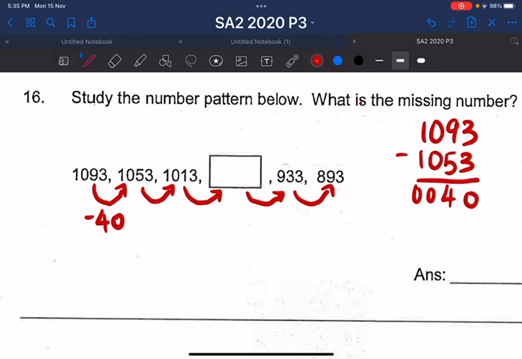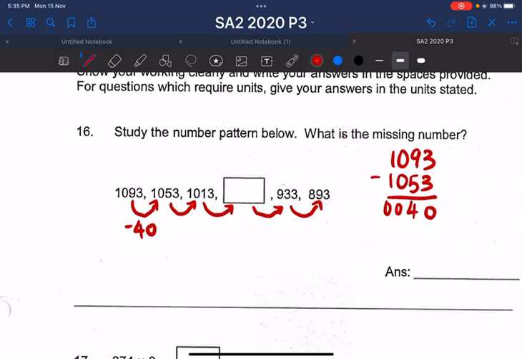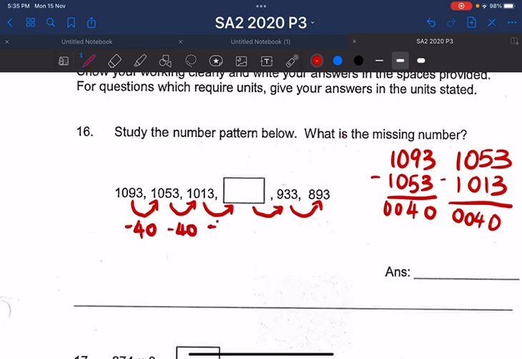So from this number, jumping to this number, we're going to check one more time. We're going to use 1053 and check with the next number, which is 1013. We are very lucky for this question. The pattern is the same, 40. So we can safely say that it is 40.